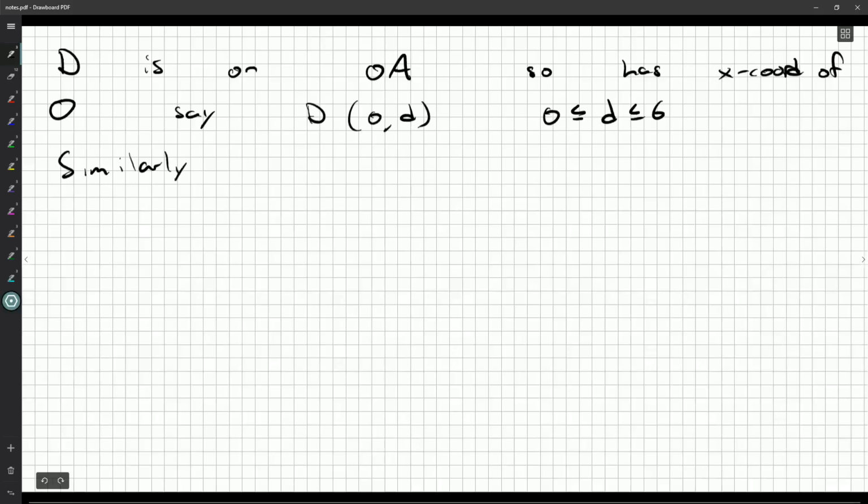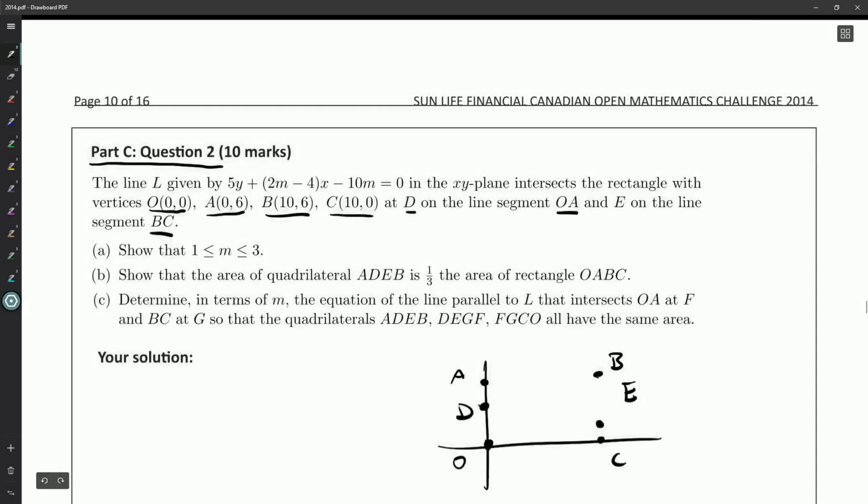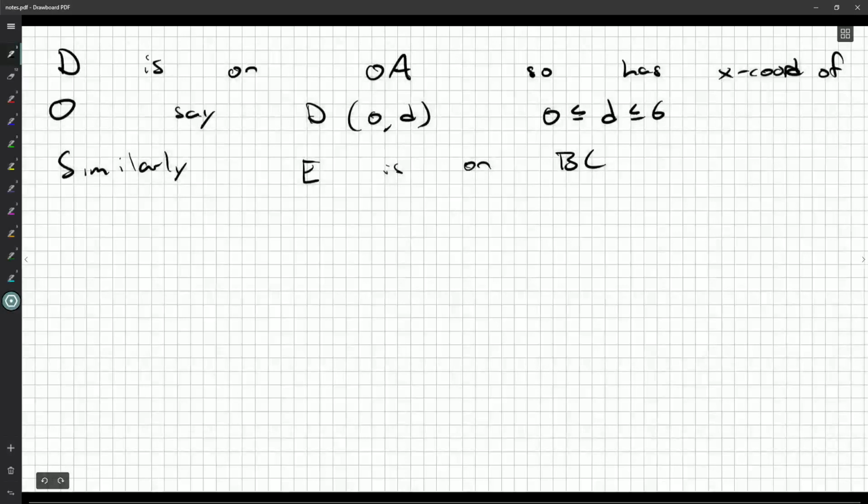Similarly, E is on BC, and I think that was an x-coordinate of 10, yes. And so E has an x-coordinate of 10, and we might say something like E is at (10, e).